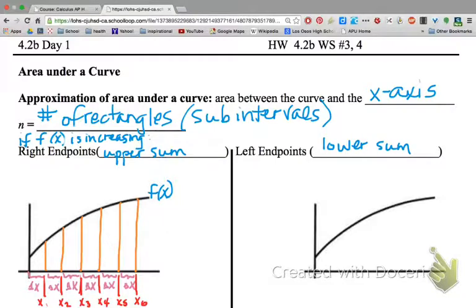So now I want to finish these rectangles. And they have a fancy geometric name. They're called circumscribed rectangles because they actually end up falling outside.